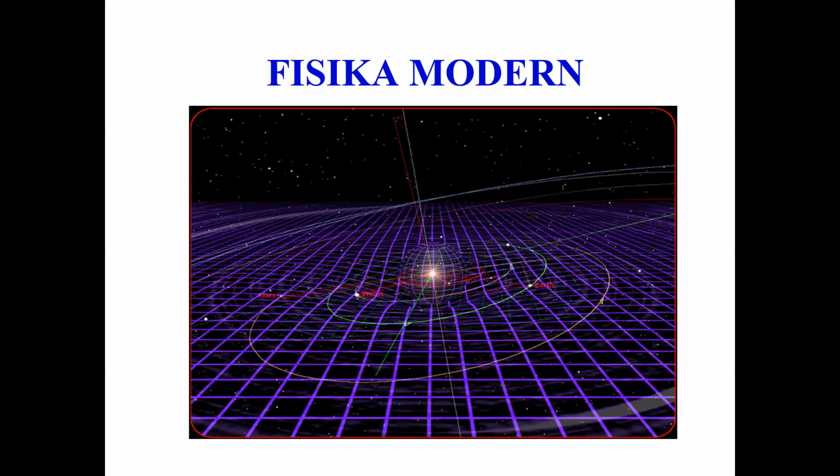Because after that time, we introduced completely new ideas about physics, because we needed these ideas to explain how the microscopic world works. So that's why we call it modern physics.